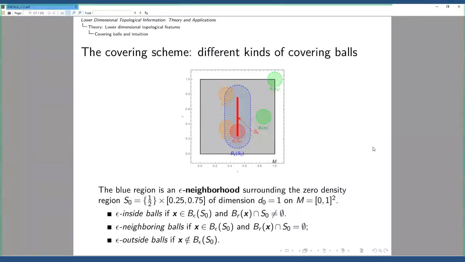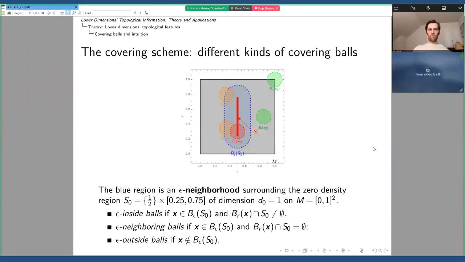However, for those balls whose centers were outside of the epsilon neighborhood of the zero density region, like those two green ones, completely away from even the epsilon neighborhood of the zero density region, we call them epsilon outside balls, and the rest of them we call epsilon neighboring balls.